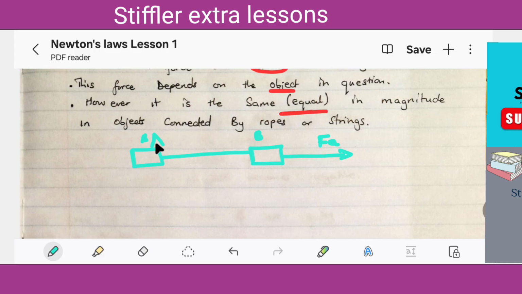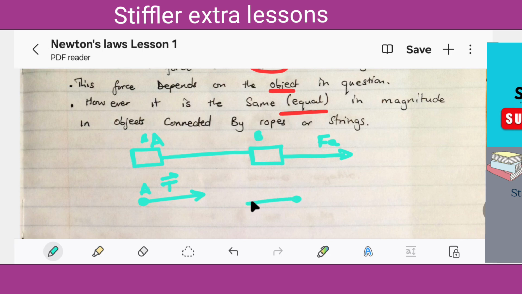So this is object A. According to A, since A is being pulled, the tension will be acting in that direction. This will be the tension of body A, acting as the applied force to body A. But since this is being applied to body A, body B will also have tension in the opposite direction.